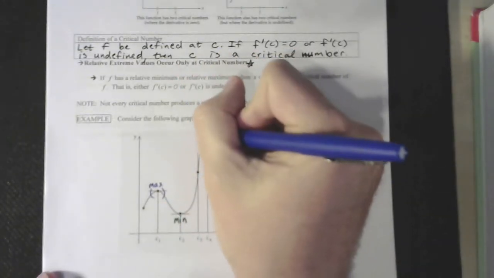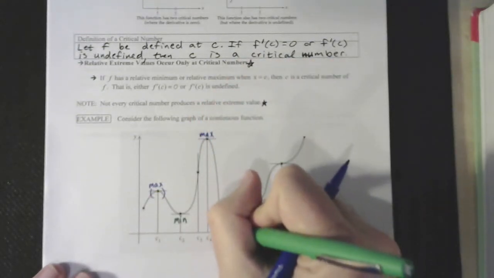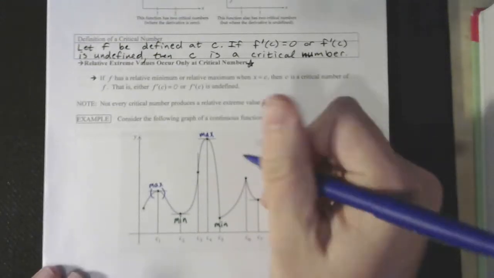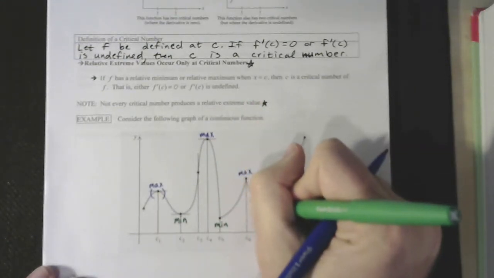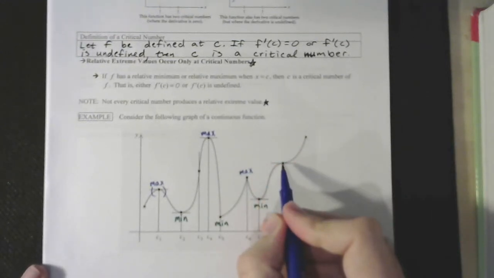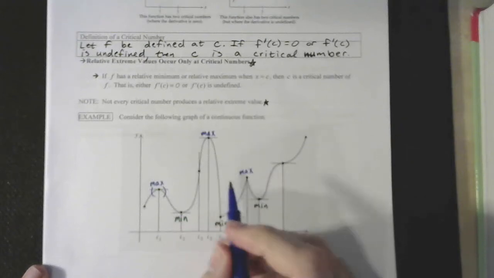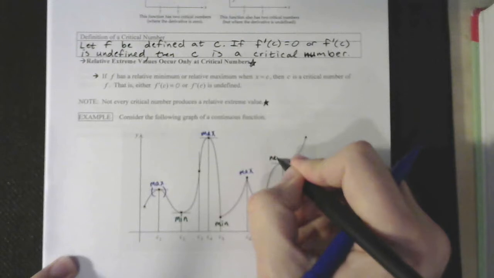Up here, we would have another max. Down here, we would have a min. Here we have a max. Here we have a min. And this point and this point are special in that these are neither.